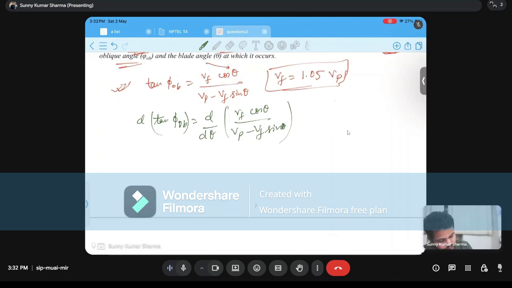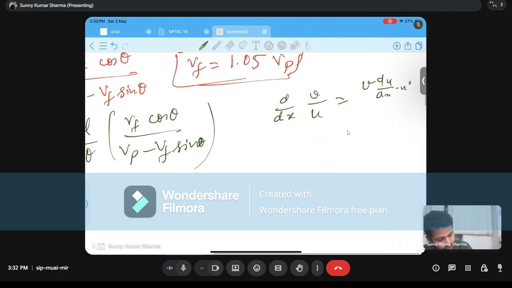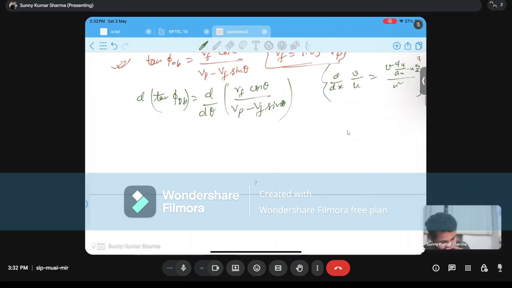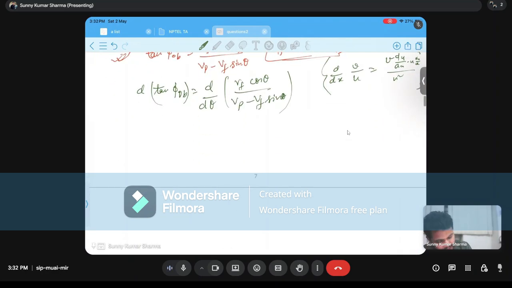As you remember, the derivative of u by v is v into du by dx minus u into dv by dx, by v square. This was the basic formula which we have studied in our school days. So we will use it here.